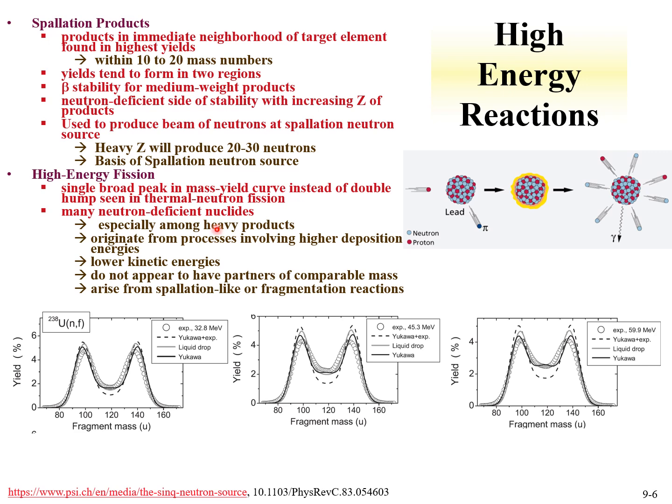The other reaction that will occur is that you can still induce fission with high energy neutrons, but the distribution of the fission products will change. Here is an example of some data for uranium fission by successively higher neutron energies: 30, 45, 60.